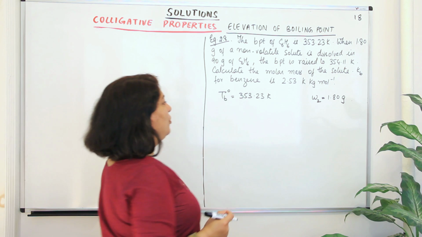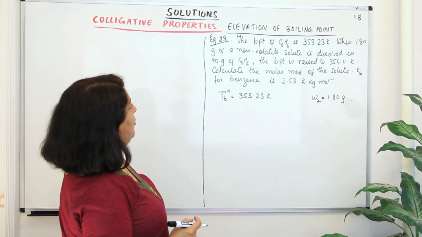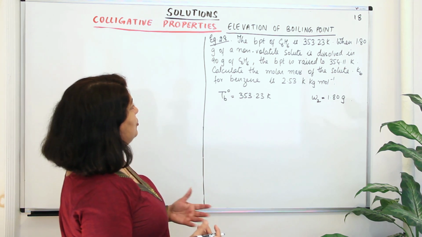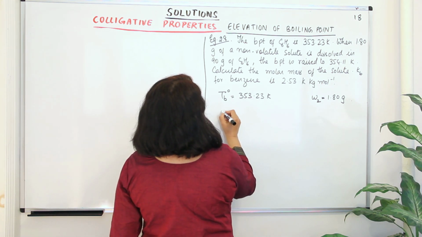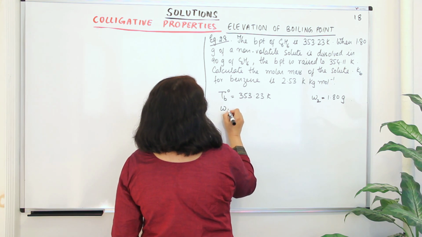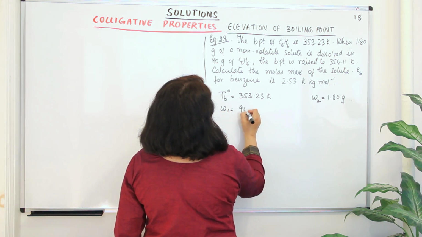In 90 grams of benzene, benzene is the solvent, so W1 is 90 grams.